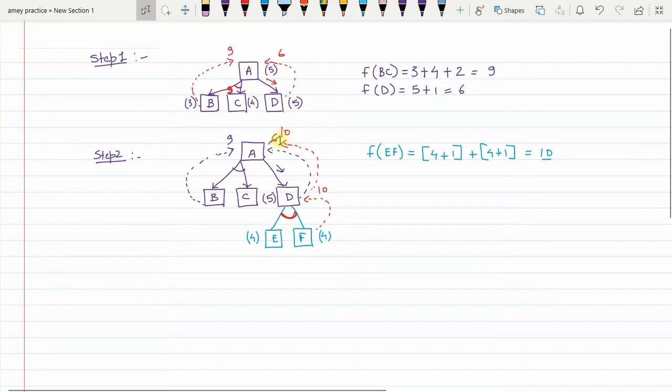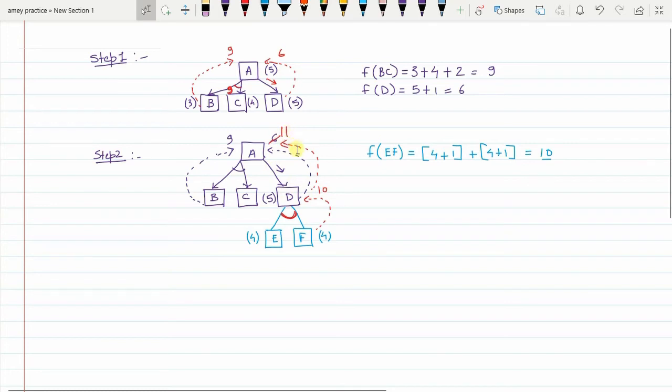Now the algorithm again checks, and sees that if the expansion is made through arc EF, the backup value that you get is 11. This is not 10, this is 11. The value that you get here is 11, not 10. See, D's updated F value is 10. So the backup value that A will get is 10 plus 1. So total 11. By mistake I wrote 10.